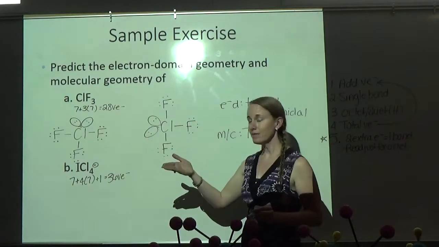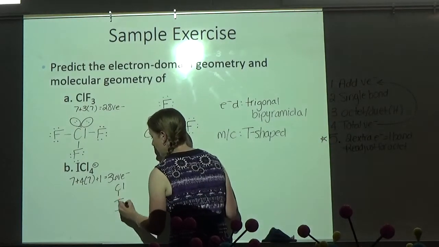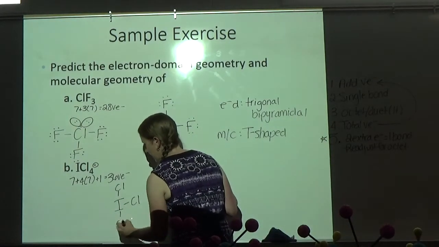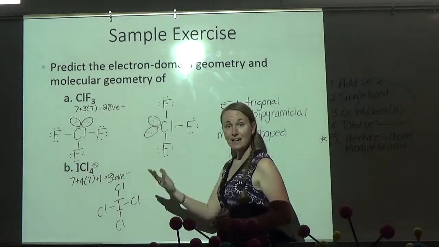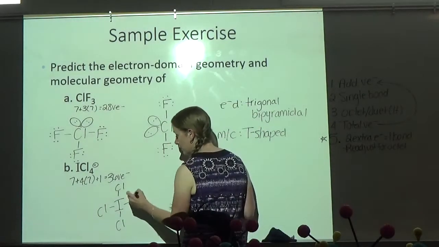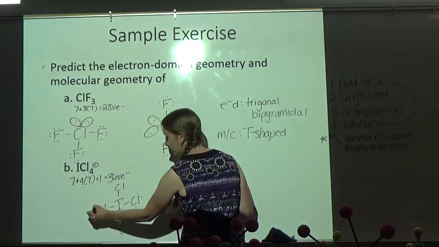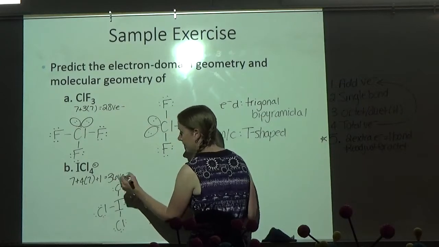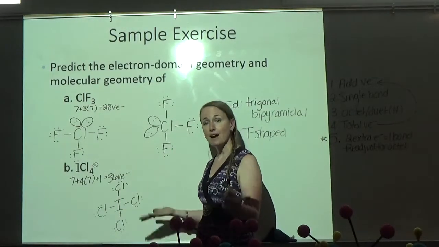Okay, I'm going to bond everybody, so I is going to go in the middle. And I'm just going to start by drawing it as a flat plane. Okay, so all my Cl's have 2 from the bond. So I'm going to give them 6 more each. And then I is already stable. It has 2, 4, 6, 8. So now I check my total.